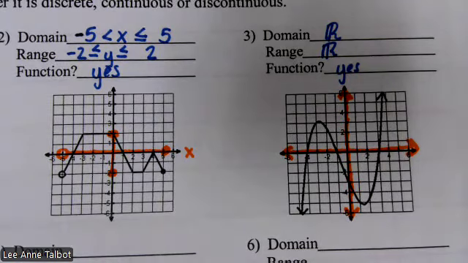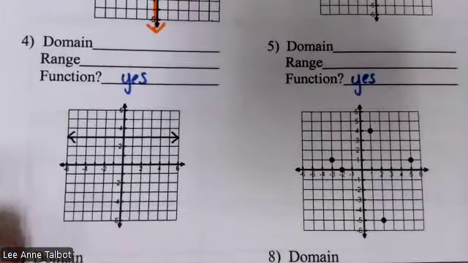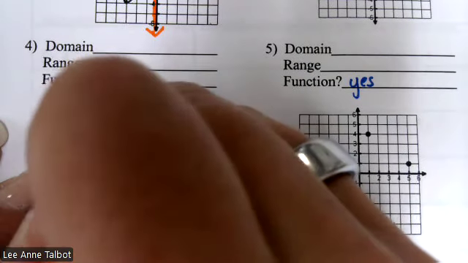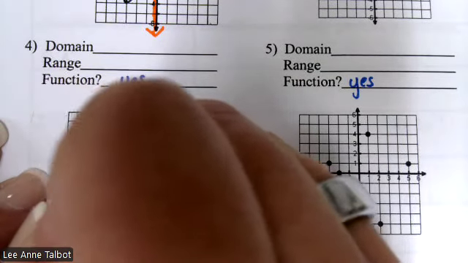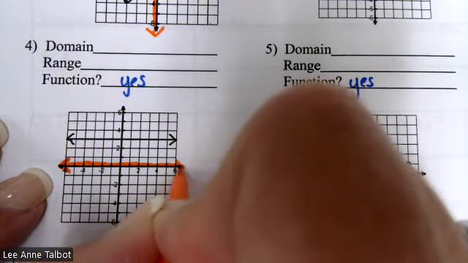Okay, move down to the next line. Okay, domain. Forever to the left, everything here, everything here, everything here.